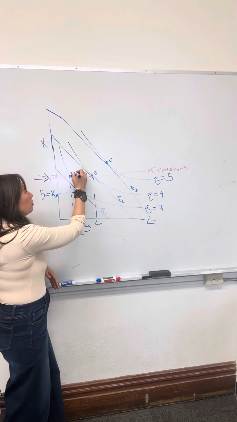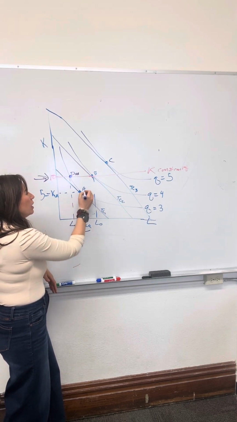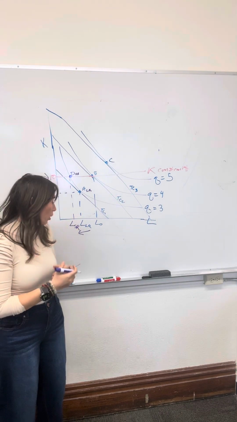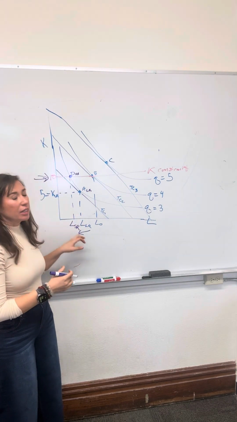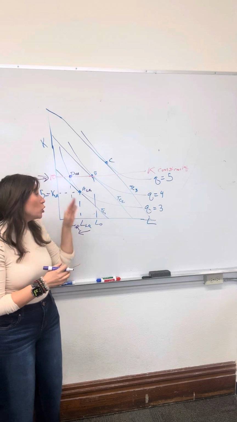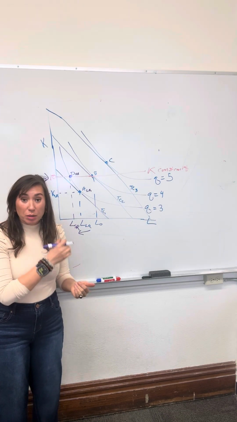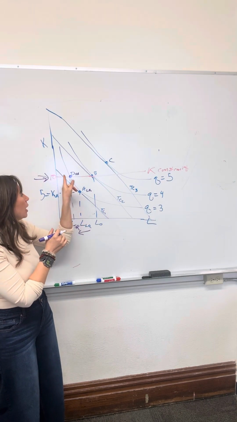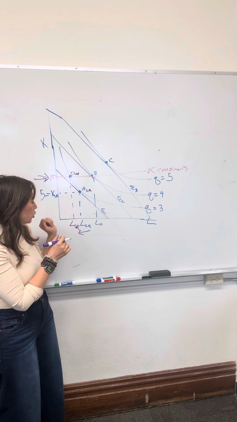So this D would be like where I want to be in the short run, and A would be where I want to be in the long run. And until I can sell that capital, I'm stuck at point D. I can mitigate that effect of too high capital by reducing my labor and being at that intersection between the isoquant and the capital constraint.